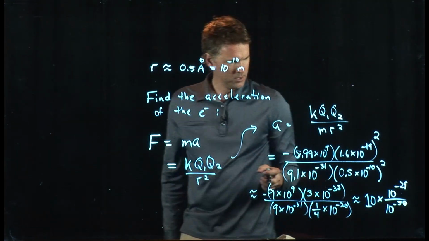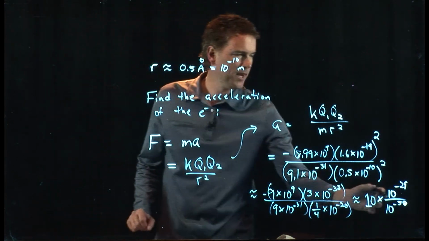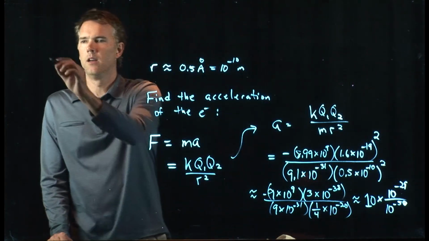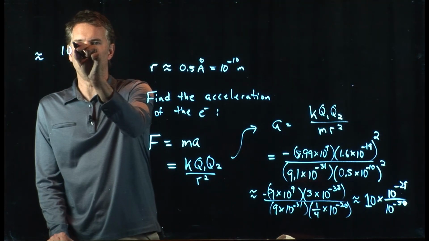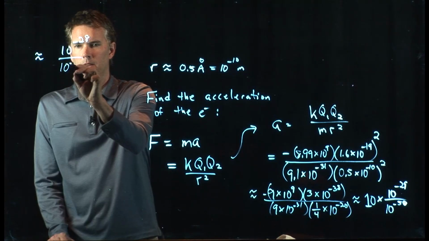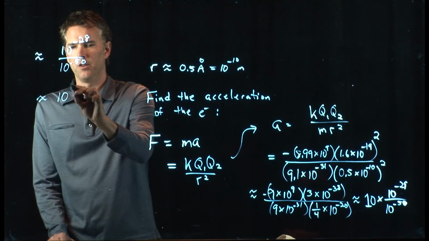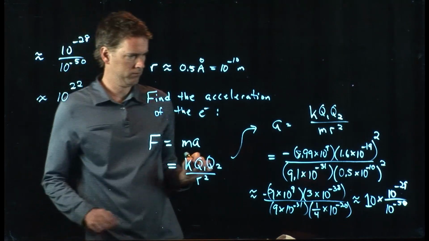All right, good, and let's see what we get here. So we have a 10 times 10 to the minus 29, which becomes 10 to the minus 28, divided by a 10 to the minus 50, and so we end up with 10 to the 22.